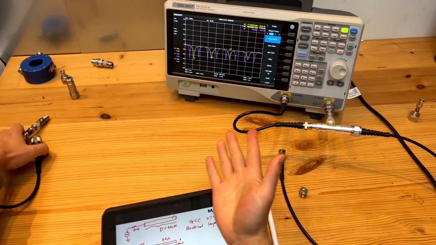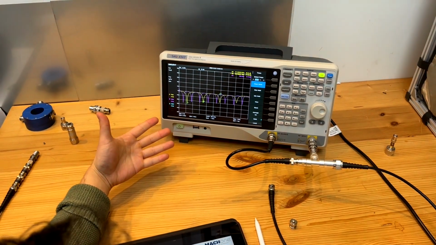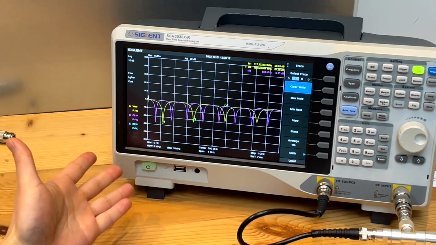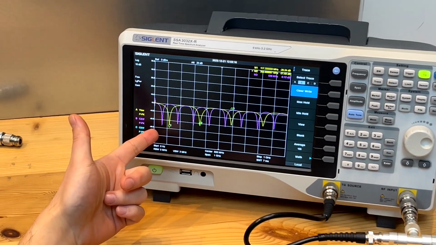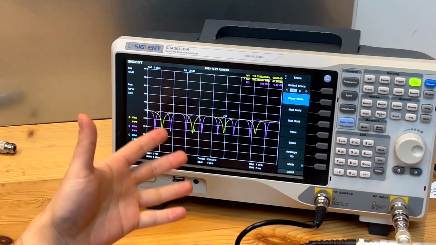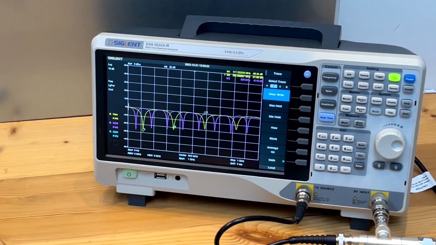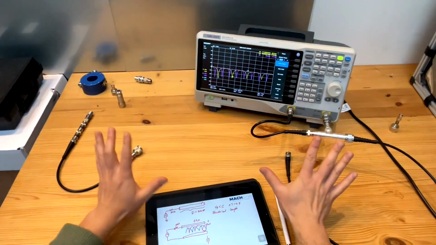And as will be measured here, when you double the length of the cable, you halve the resonance frequency, as demonstrated here. If you look at trace 2 now, the resonance frequency actually becomes half of the shorter cable run.